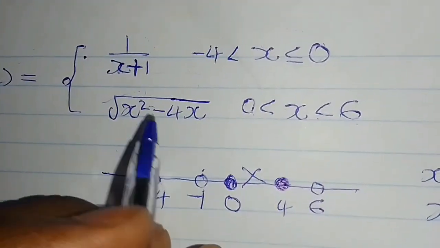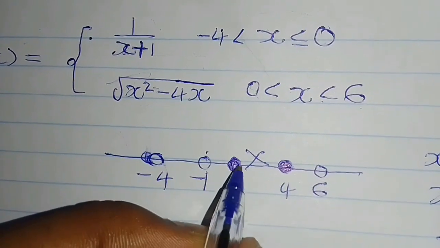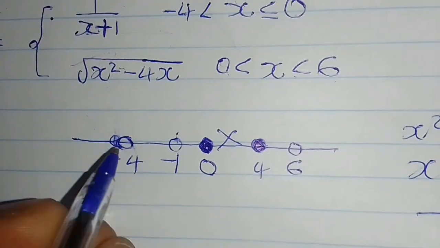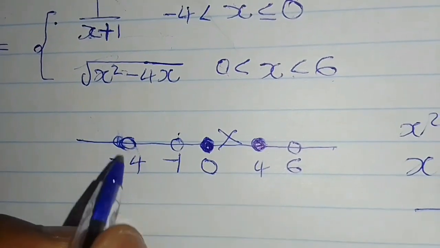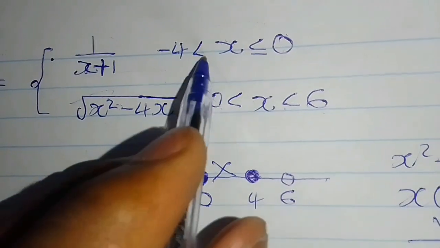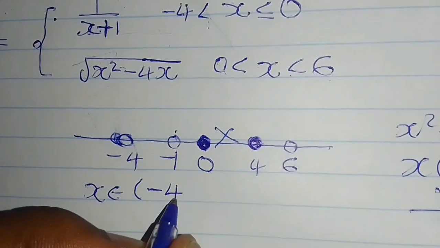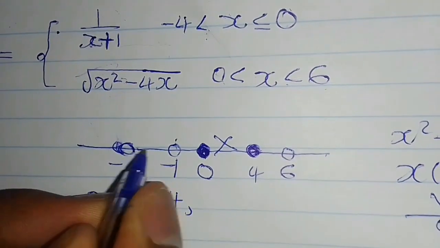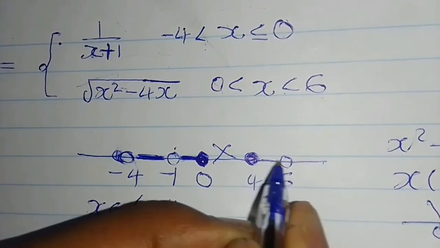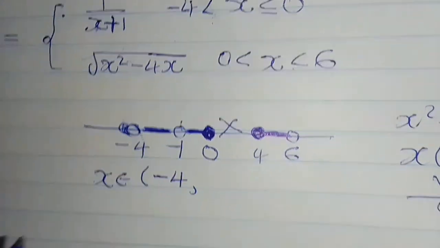So we just plot all this together. Our domain will go from -4, and -4 is excluded. And -1 cannot be in the domain. Remember, you can just shade the regions on the interval that you're working on to make it easier.